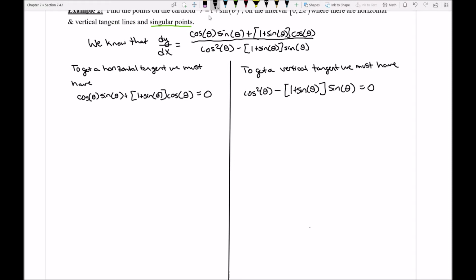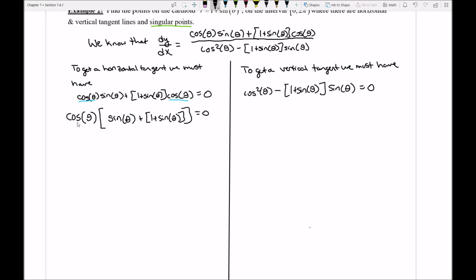So notice here, what I can see in common immediately between the two terms is that there's a cosine in common. So what would happen if I was to take that cosine of theta and just pull it out? Notice what I'd be left with is a sine of theta and then a 1 plus a sine theta. This is what I would be left with.